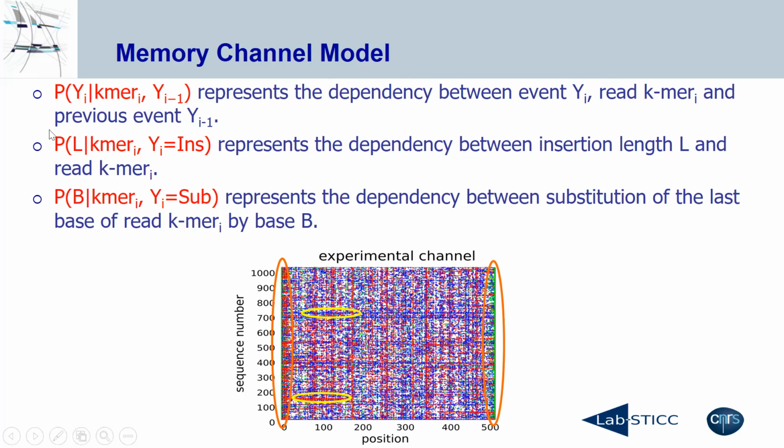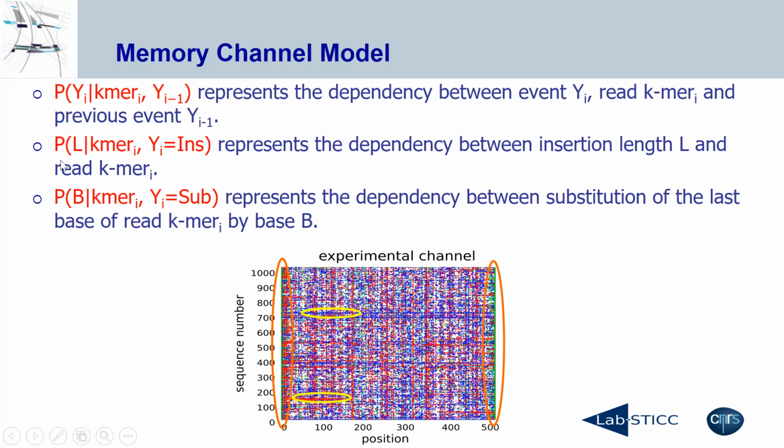And this channel uses three main characteristics, which are the probability to observe the event yi given the k-mer i and the previous event yi minus 1. So this first characteristic allows us to estimate the probability to observe an event yi, but also to take into account bursts of errors through yi minus 1.